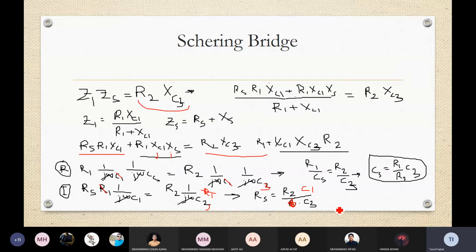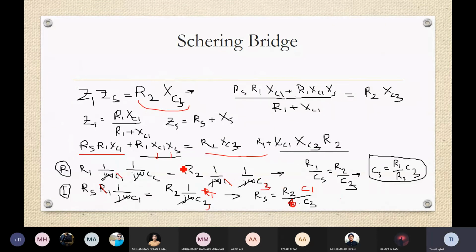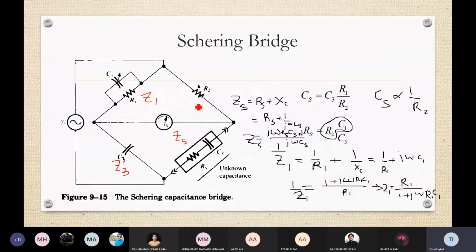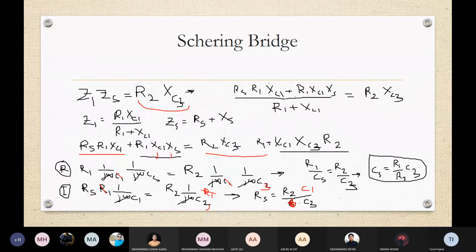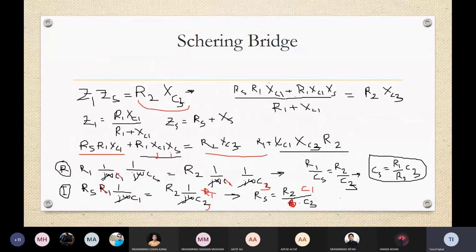So now we get the value of RS by multiplying R2 with C1 by C3. Now let's look at this: C3 is a fixed value, and R2 is a variable value, whereas C1 is also a variable value.